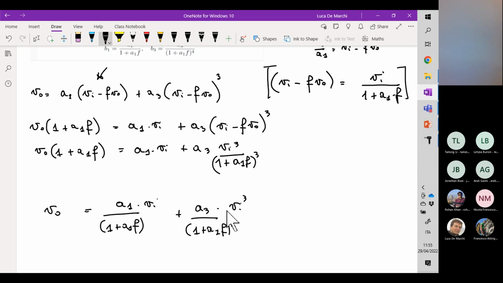In particular, the pole P1 is multiplied by this term, 1 plus A0 times F, which is the same quantity applied at the denominator of the amplification.